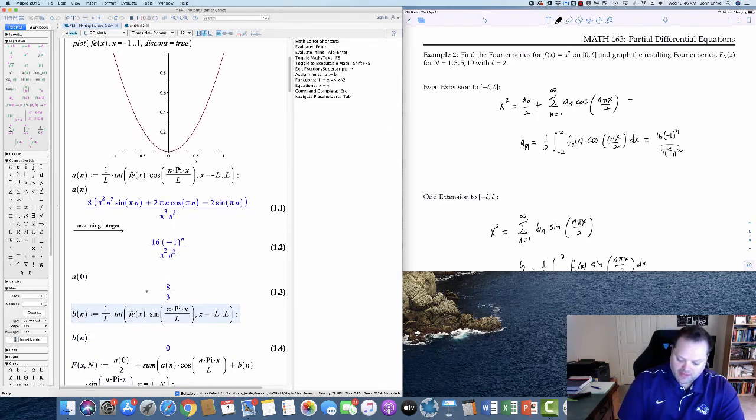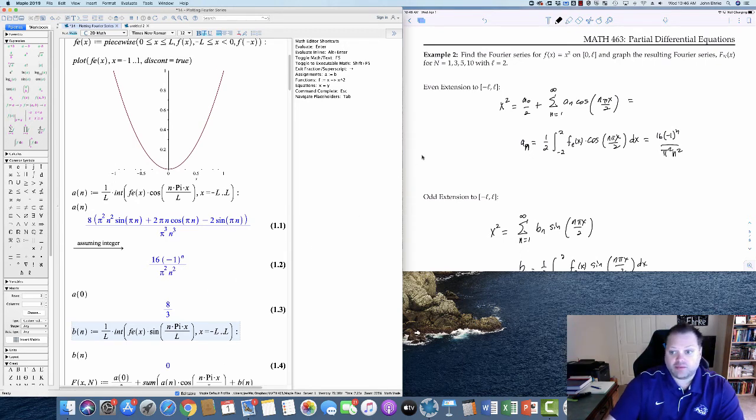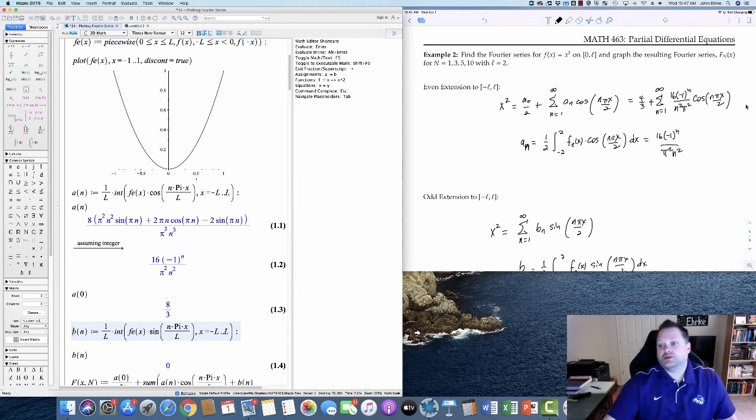So you're going to end up having 8/3 divided by 2, right? So you're going to end up having 8/6, which is 4/3, plus the sum, n goes from 1 to infinity, like this for the Fourier series. So that's the Fourier series representation of the function x squared on the interval from -2 to 2.